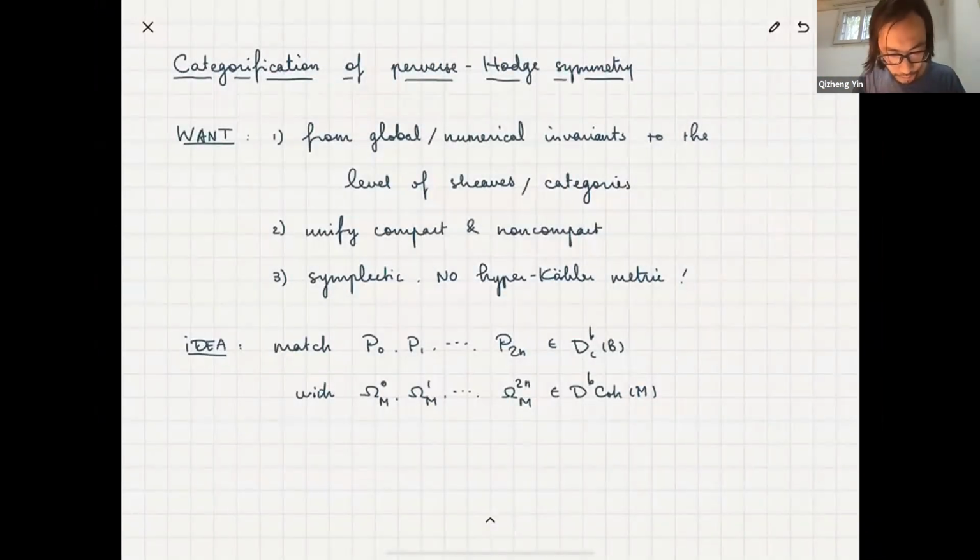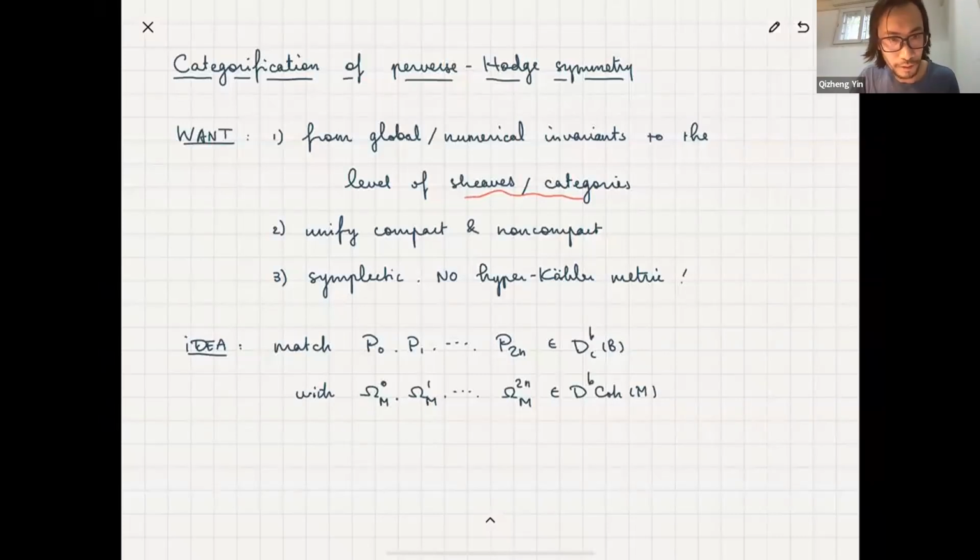Now we'd like to focus on this question, and we also want to enhance it. Namely, we want to be able to lift this identity between certain numerical invariants to maybe some correspondence at the level of sheaves or categories. So this is the first goal.